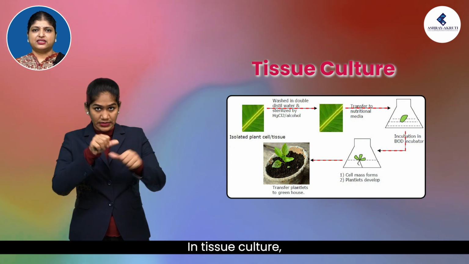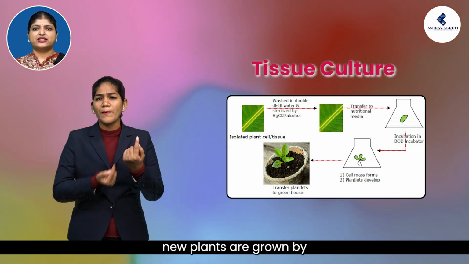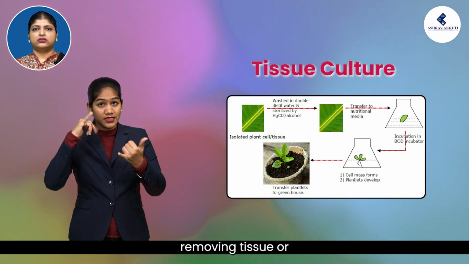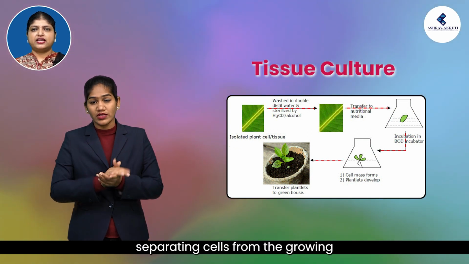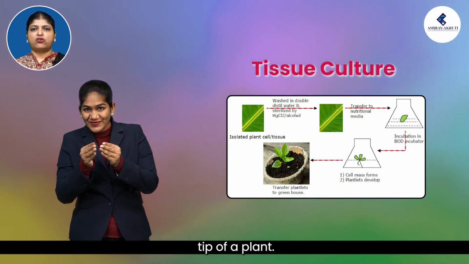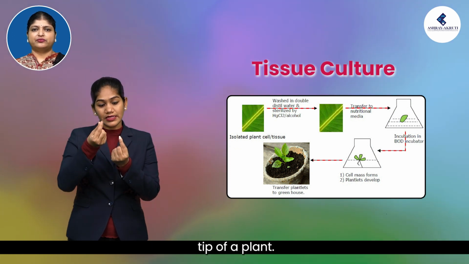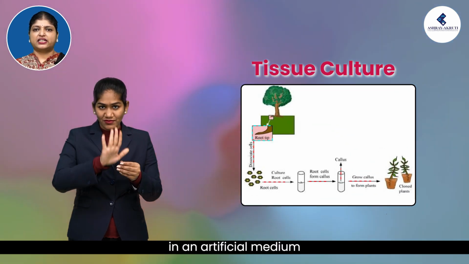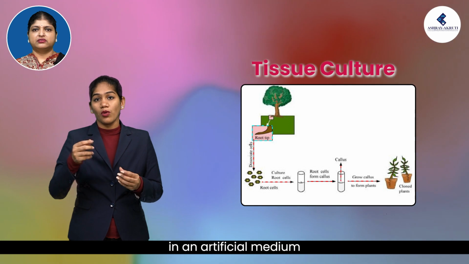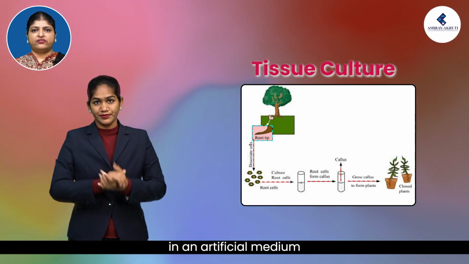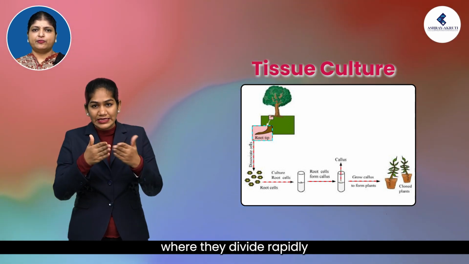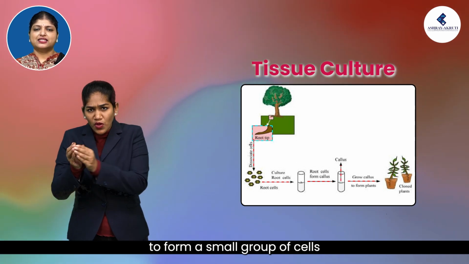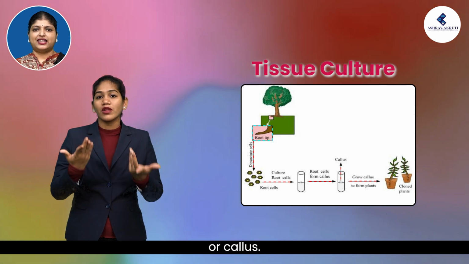In tissue culture, new plants are grown by removing tissue or separating cells from the growing tip of a plant. The cells are then placed in an artificial medium where they divide rapidly to form a small group of cells or callus.